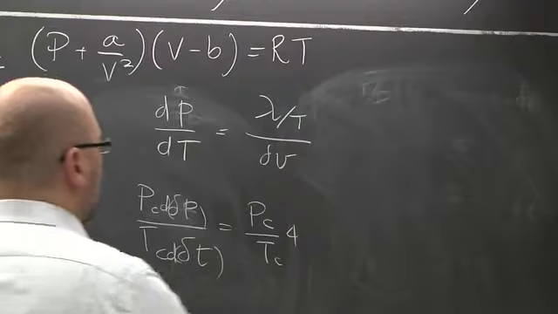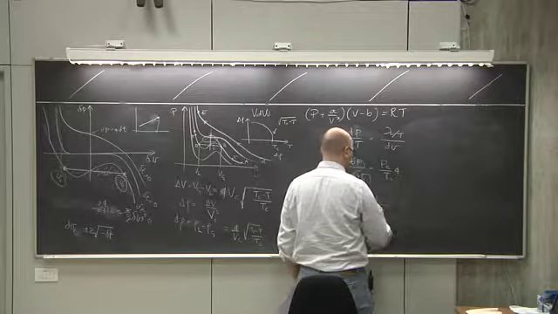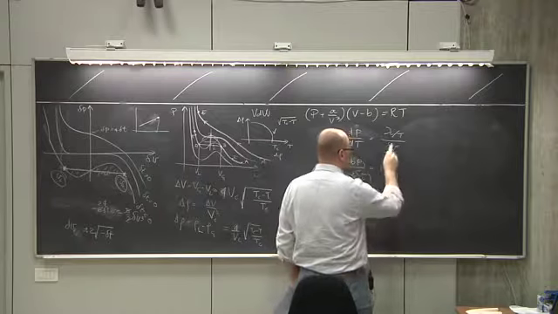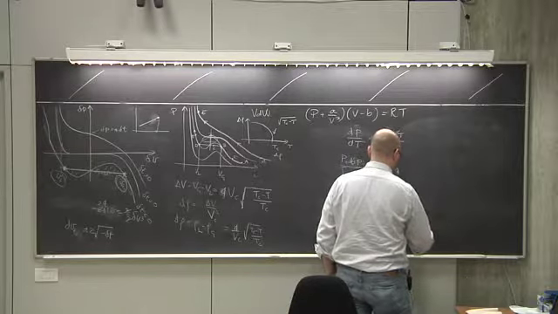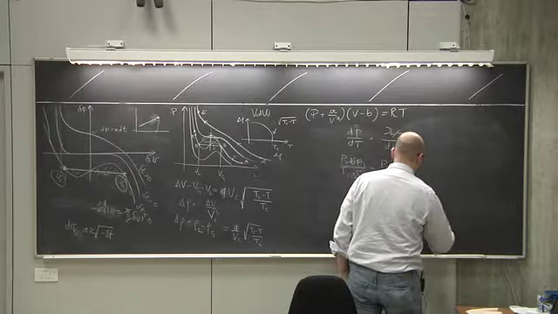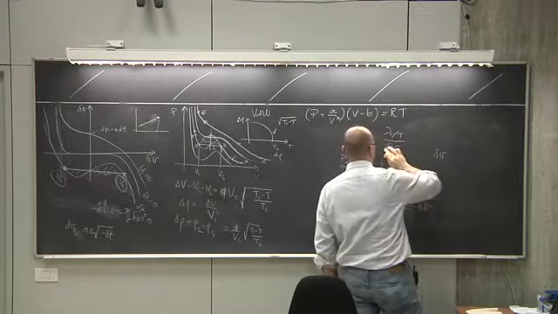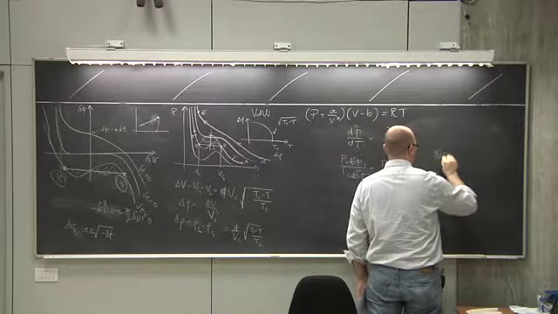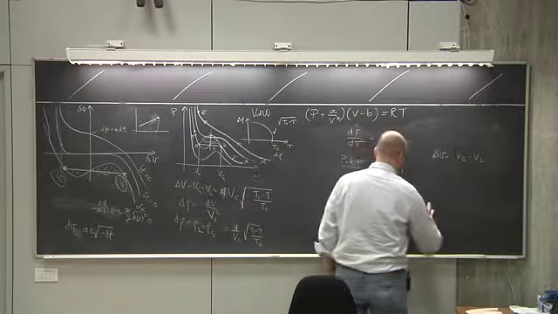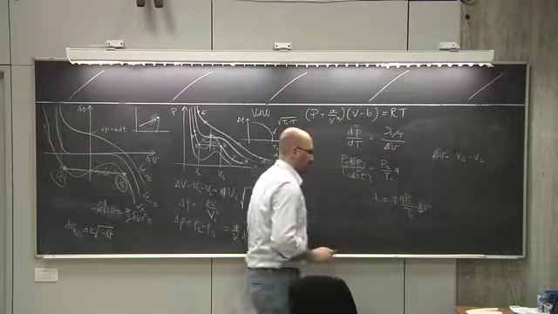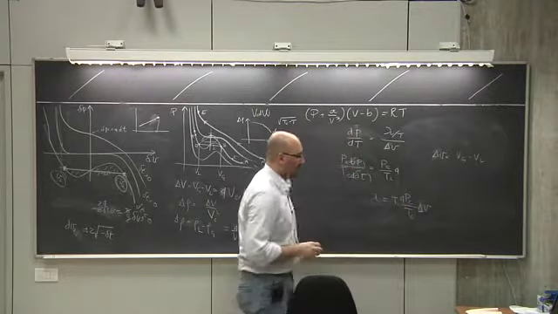On the other hand, here we have lambda divided by T. So lambda is equal to T Pc divided by Tc times 4 times delta V. Now for T close to Tc, we can just substitute T by Tc.